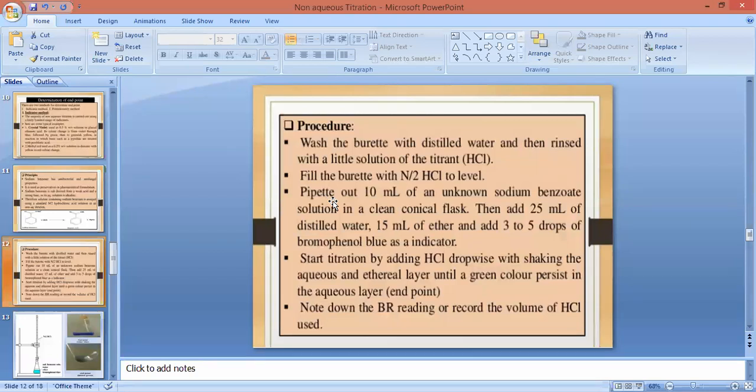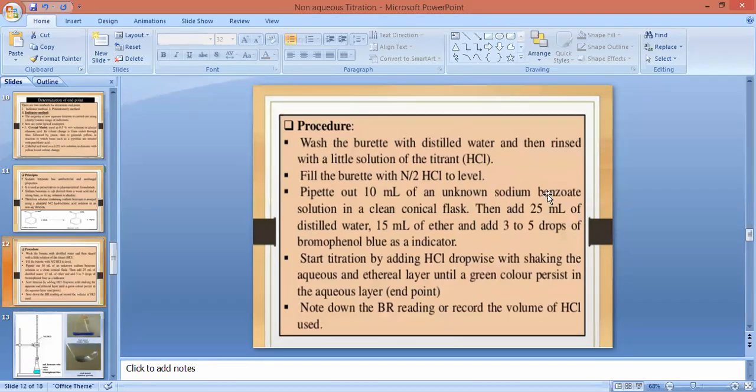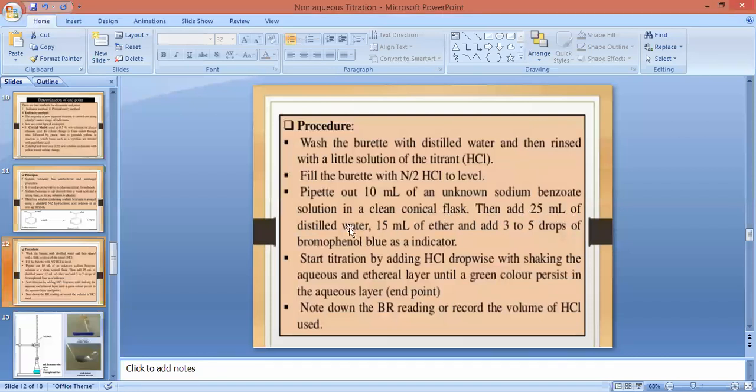Firstly, we are going to pipette out 10 ml of the unknown, that is the solution whose concentration is to be determined, the sodium benzoate solution, into a clean conical flask. To the conical flask, we add 25 ml of distilled water. Next, we add 15 ml of ether. Here, ether acts as a non-aqueous solvent.